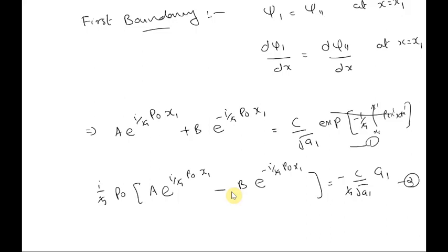You can just multiply this equation with some i divided by h cross and sum these two expressions, so that this term, b raised to minus i by h cross p naught x1, will cancel away.